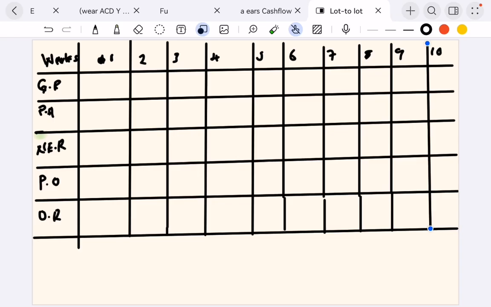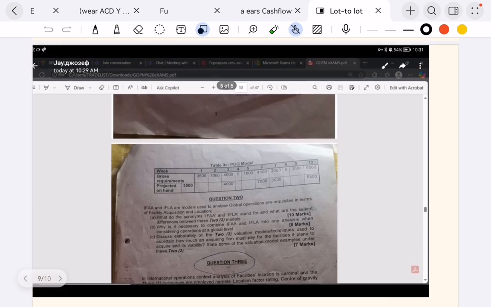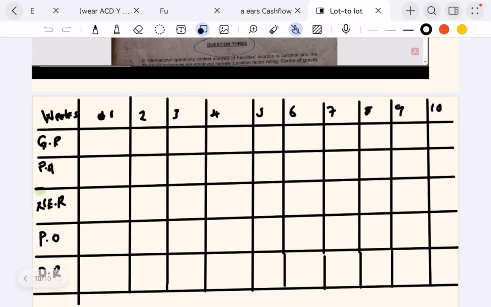On the gross requirement, we've been given the numbers. We have 3,500. We have 3,000. We have 4,000. We have 0.